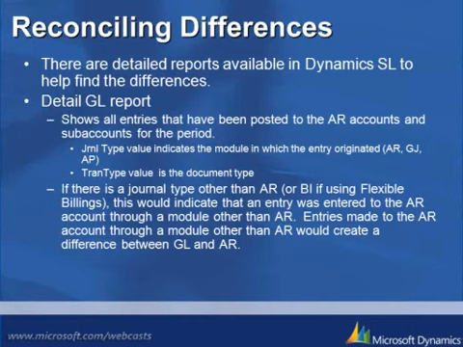If you're using flexible billings, you could see some BI items on there too. That would be acceptable. But if you have something coded as a GL journal type on this detailed GL report and it's hit your account 1100, that entry would affect the balance on your AR account on the general ledger side, but it's not going to be included on your AR reports from the accounts receivable module. So you can see how that would create a difference between the two.